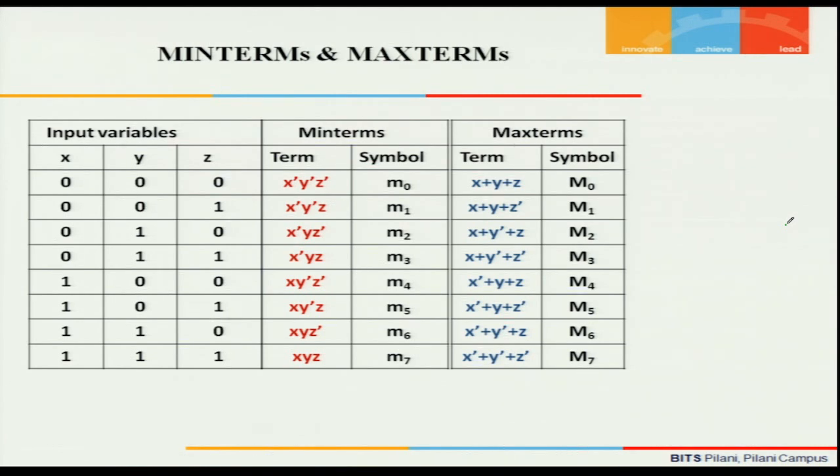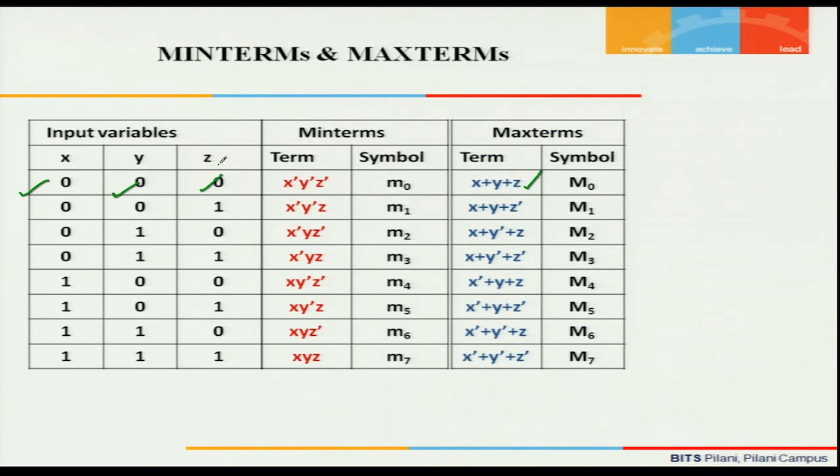Like a min term, a max term is a term consisting of all the literals of a given function either in the true form or in the complement form, but the difference is a min term is a product term, and a max term is a sum term. For example, I have a max term x plus y plus z corresponding to inputs x equal to 0, y equal to 0 and z equal to 0.